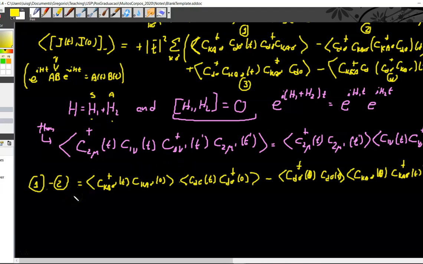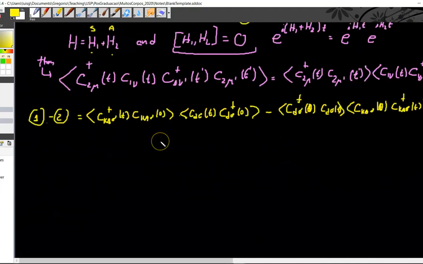Okay, so if we do that, I'm going to write these now in terms of Green's functions. Okay, and now I'm going to remind you what the greater Green's functions and the lesser Green's functions look like. That's from our class on Green's functions.